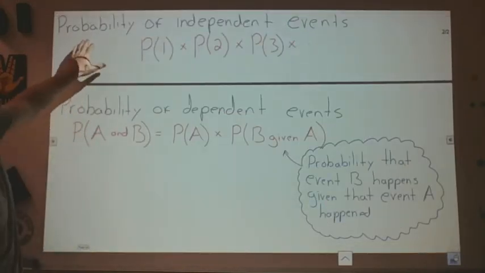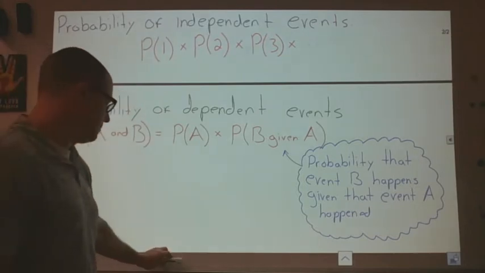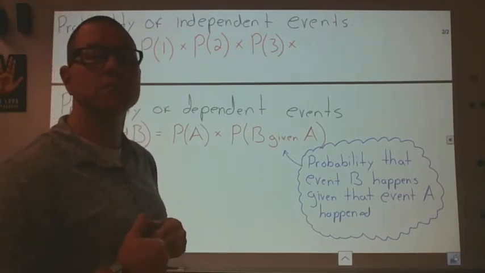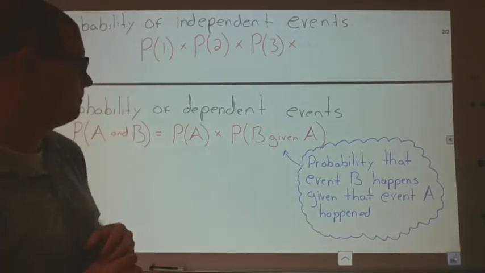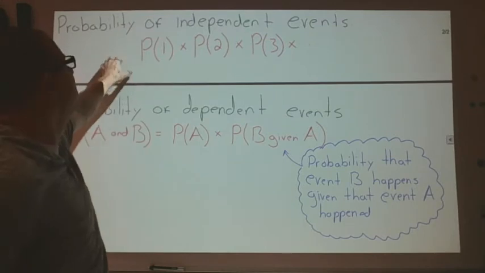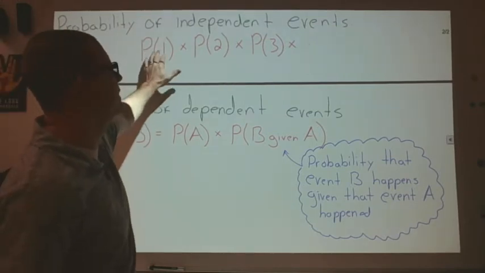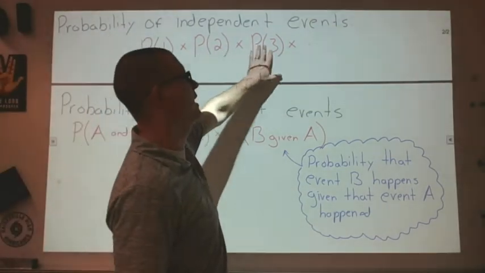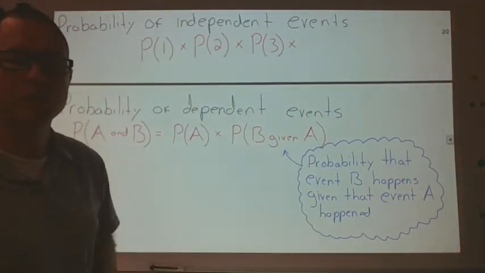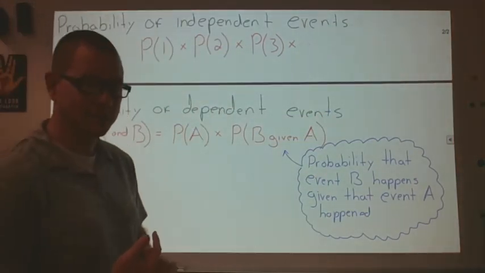Independent events, because they don't actually affect each other, we can just multiply their probabilities. So the probability of independent events occurring is the probability of the first event times the probability of the second event times the probability on down the line.